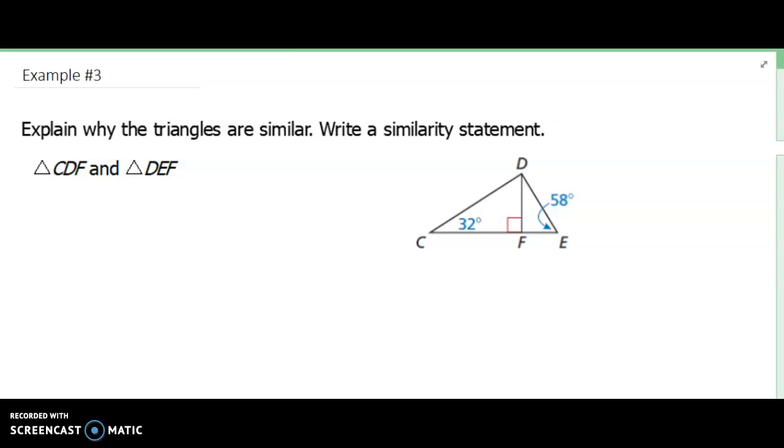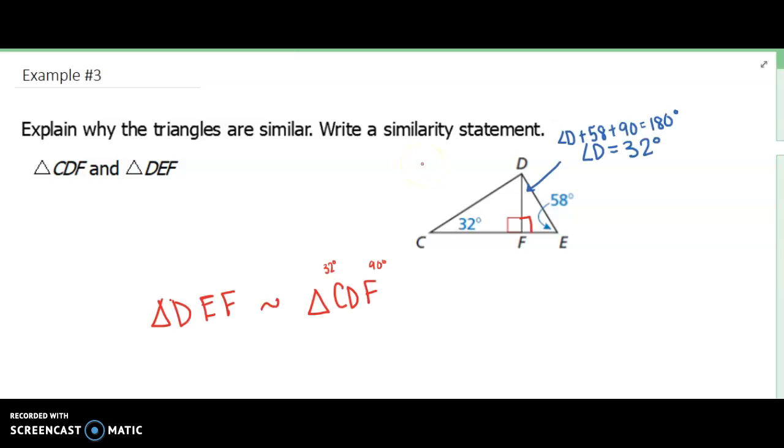All right, I want you to try to do example 3 on your own. Look at example 1 as a reference because example 1 was kind of similar, and then we'll go over it. All right, on this one you do have to do just a tiny bit of math, and I did it on this right triangle. You could have done it on the left too. But I found that this angle D up here, probably shouldn't have written angle D, I probably should have written angle EDF, is 32 degrees, just because I know all three angles of a triangle have to add to 180.